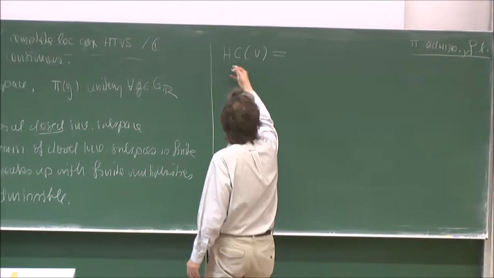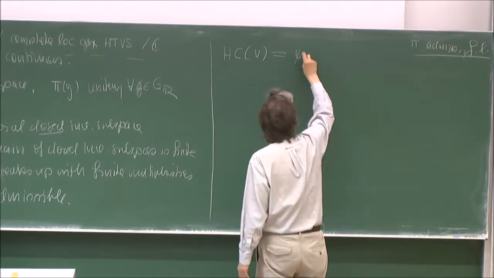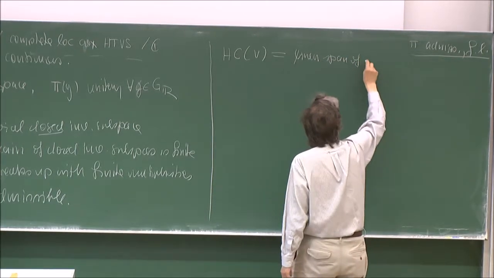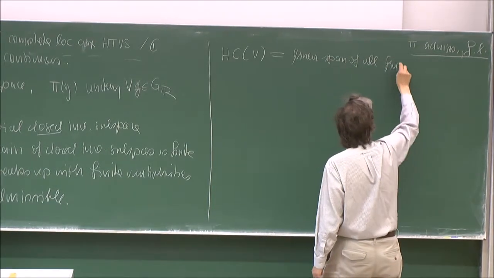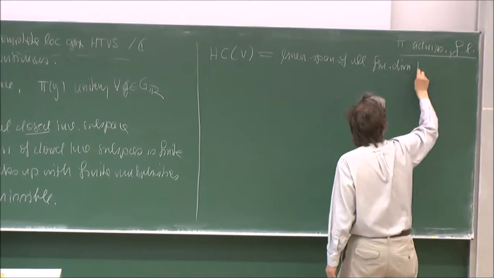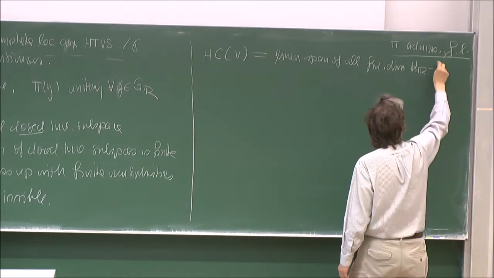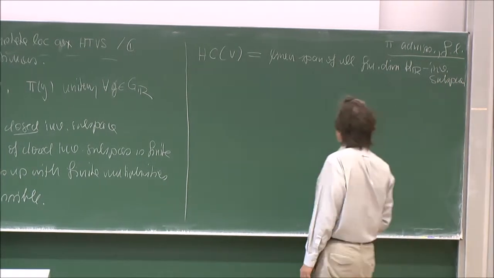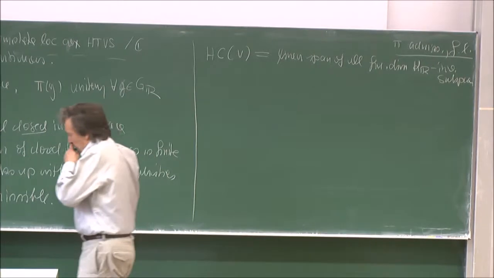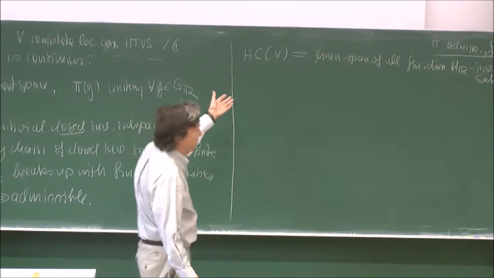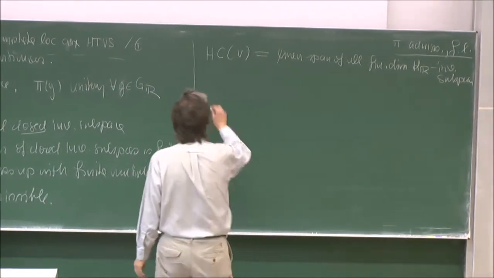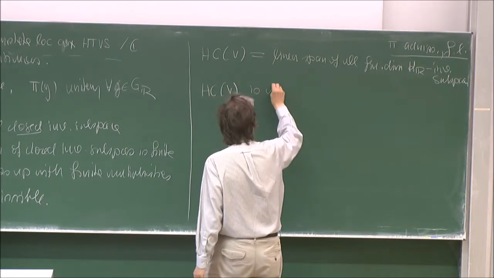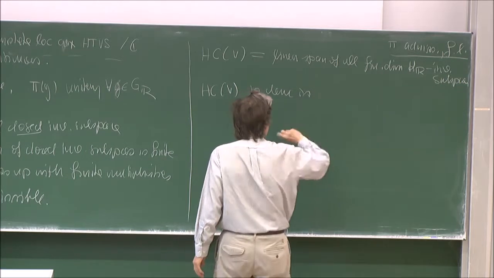And then HC of V is the linear span of all finite dimensional KR invariant subspaces. So it turns out, and of course all of this is due to Harish-Chandra, that HC of V is dense in V.